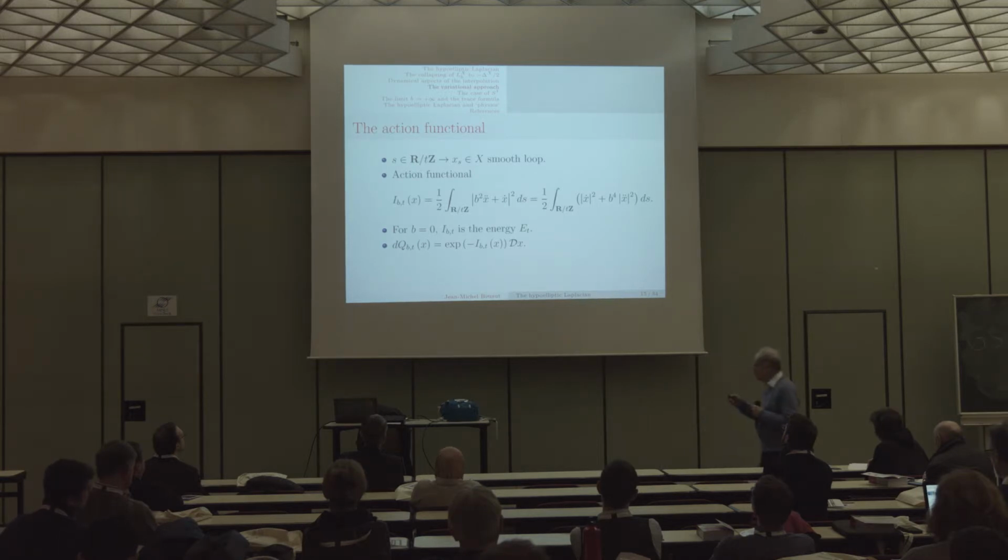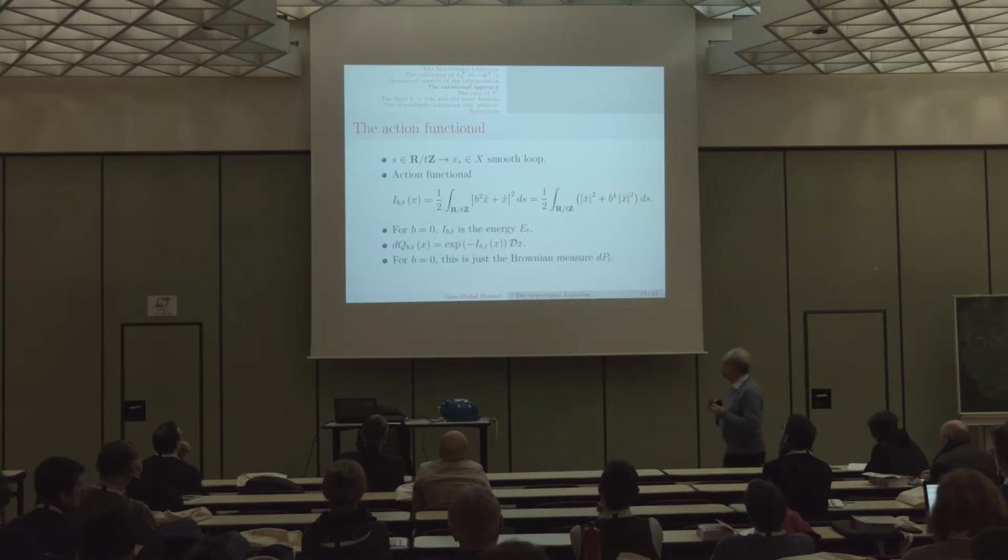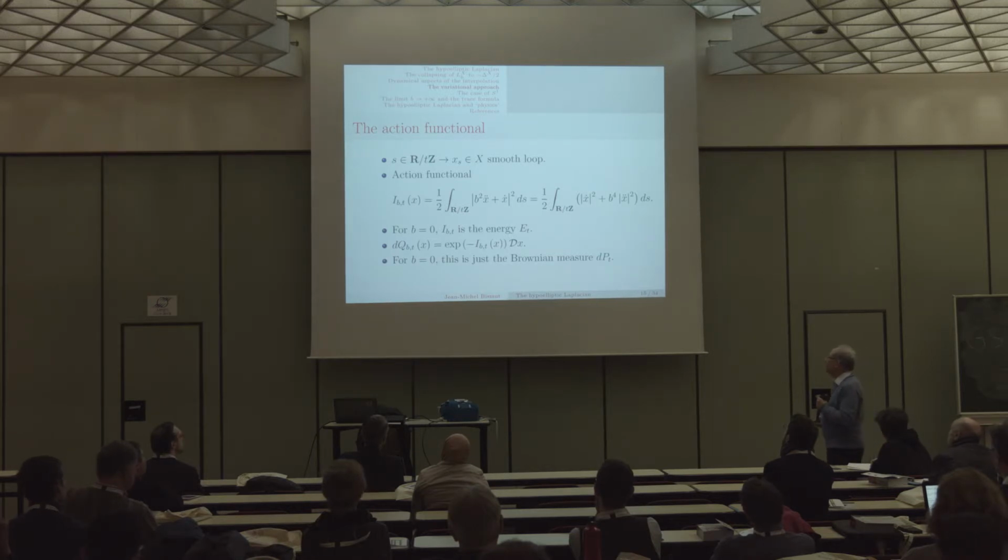This is a formal way of representing the measure associated with the hypoelliptic diffusion, as having such a density. For b equals 0, it's a well-known representation of Brownian measure as a measure whose density is given by the exponential of minus the energy.